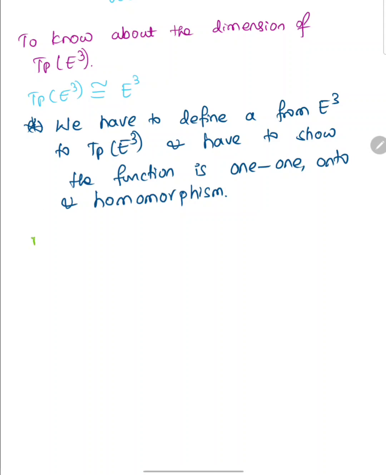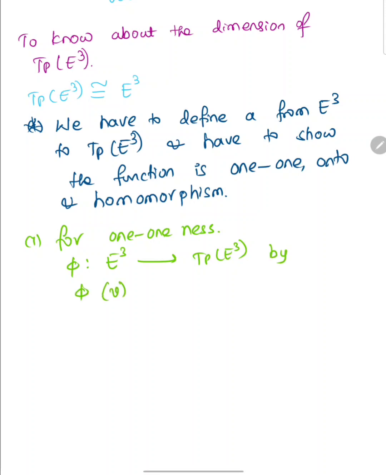One-one. So define a function pi from E3 to Tp of E3 by pi of V is equal to Vp, for all V belonging to E3 and Vp belonging to Tp of E3.